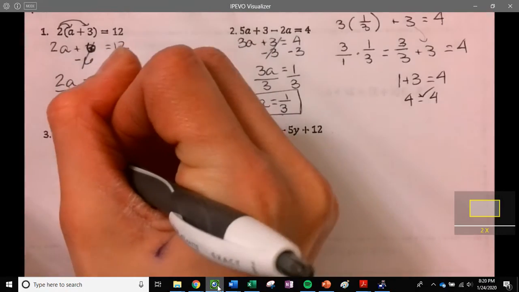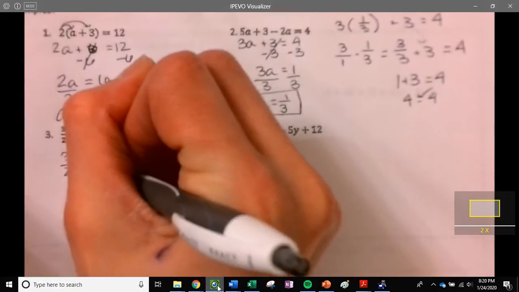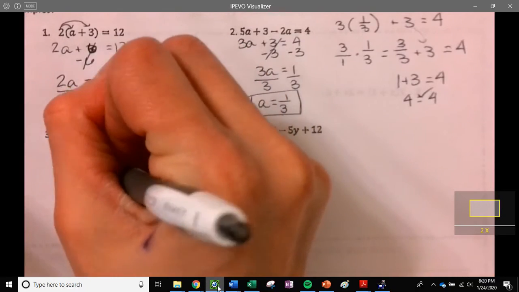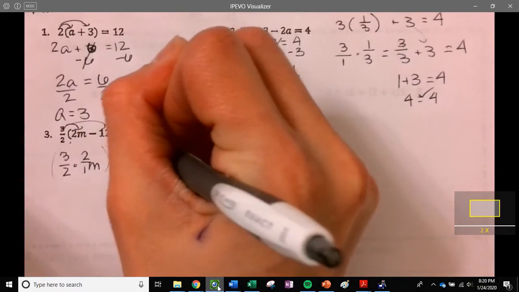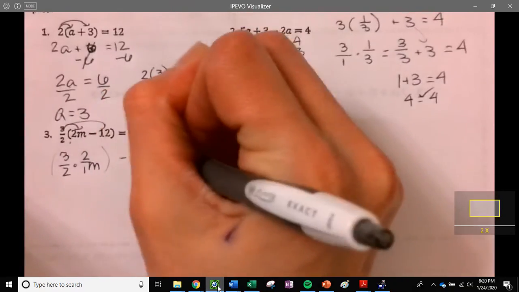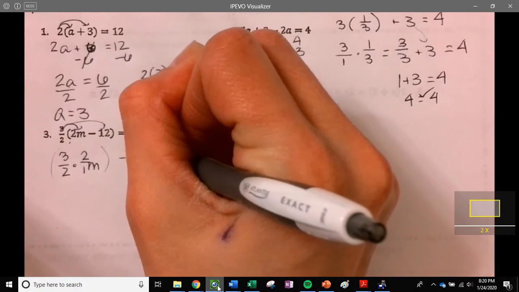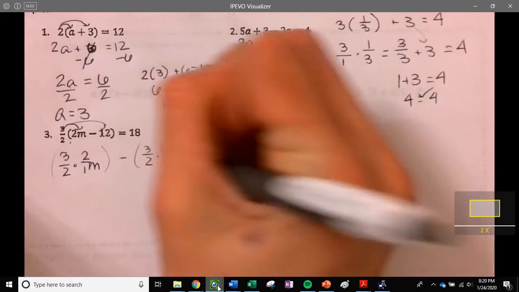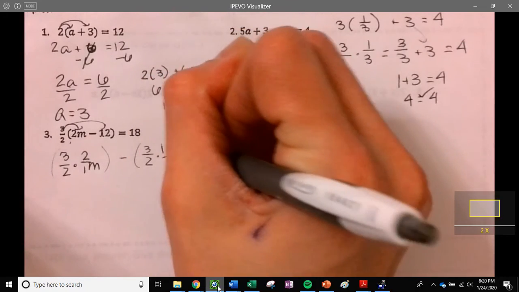3/2 times 2m, or 2 over 1m is how I'm going to write it because it's going to make it easier, minus 3/2 times 12, or 12 over 1, equals 18.